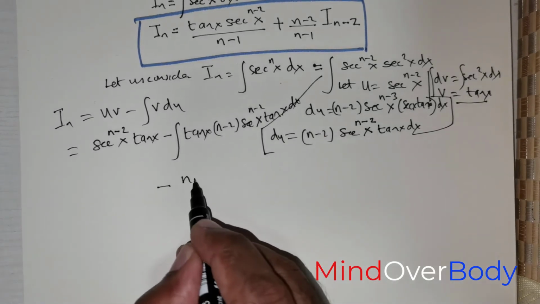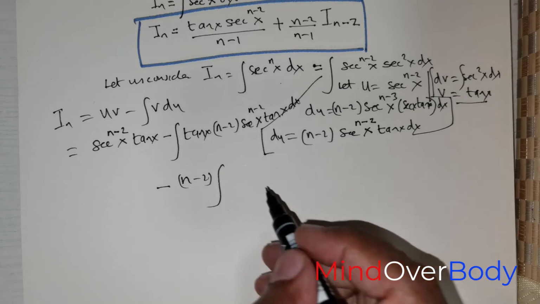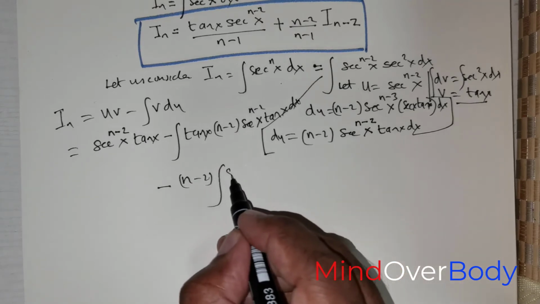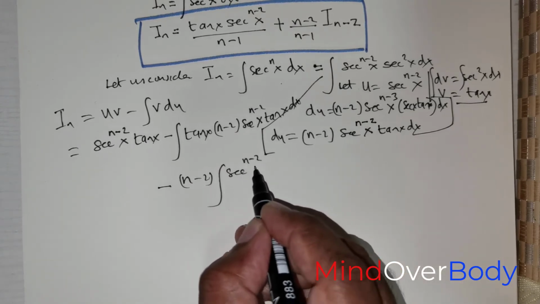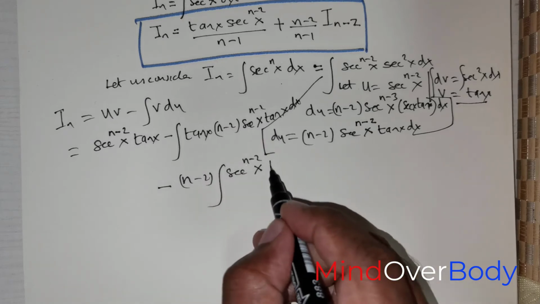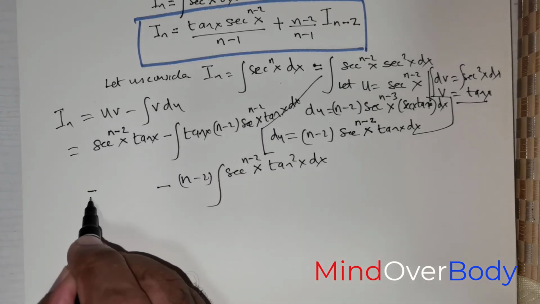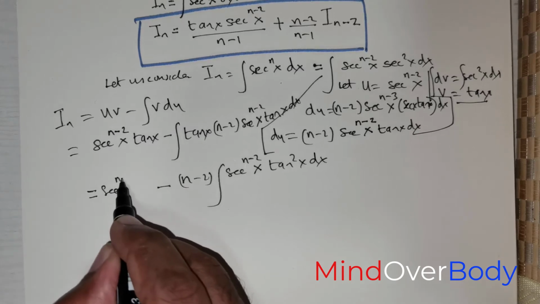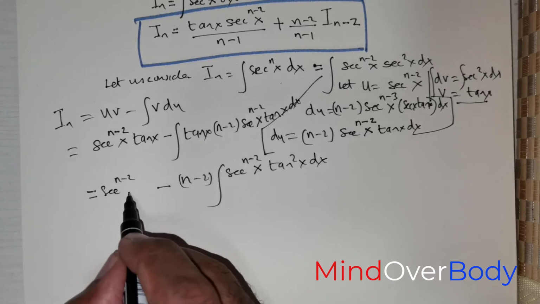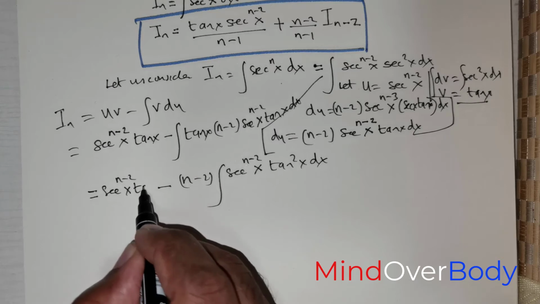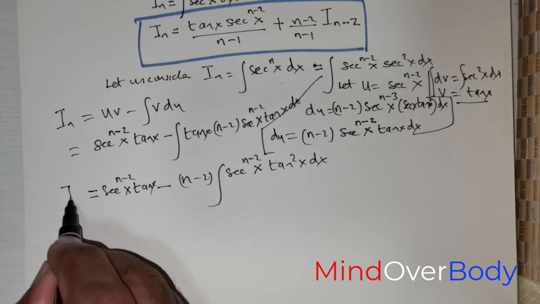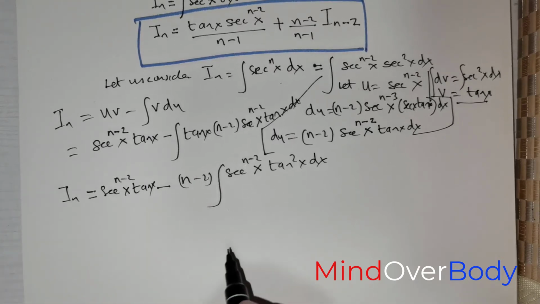So this is going to be n minus 2 times integral, secant raised to the power of n minus 2 x, tan x gives me tan squared x dx. So on this side you get secant raised to the power of n minus 2 x times tan x. So this is going to be I_n.